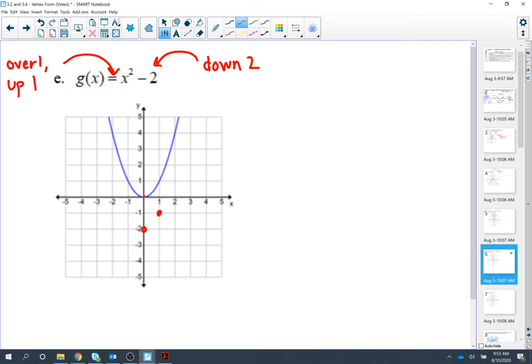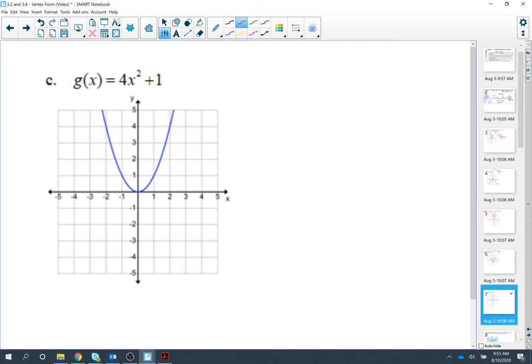Over 1, up 1, and then draw your parabola. It better not look like a V. And again, you don't go over 1, up 1, over 1, up 1. Do you notice that if I did that, it's not there. It's up further. So it doesn't work like a line. That's a no-no. You just do it once, draw your parabola.